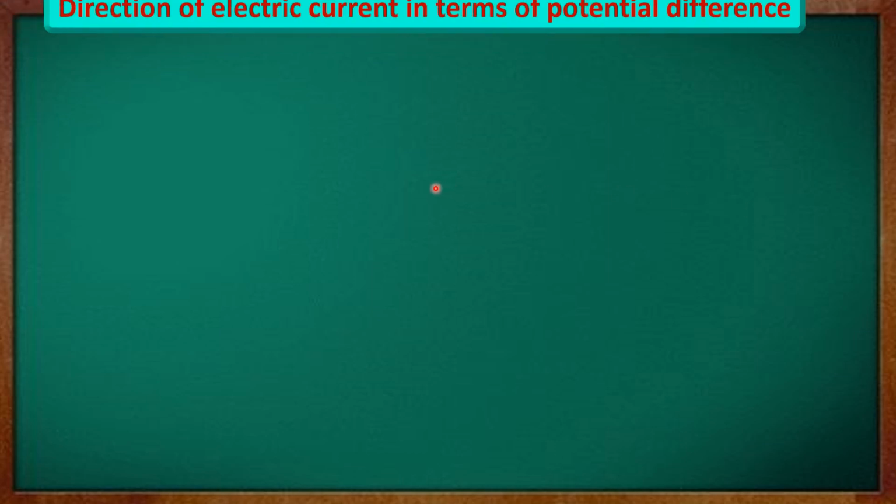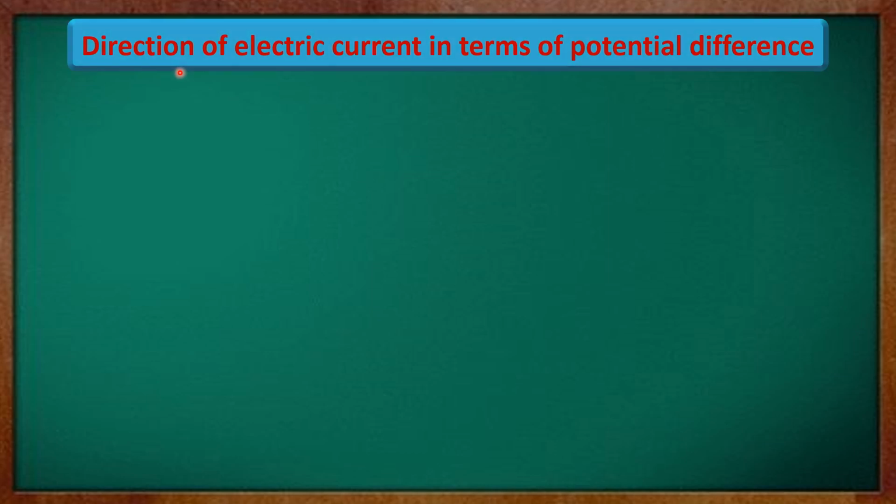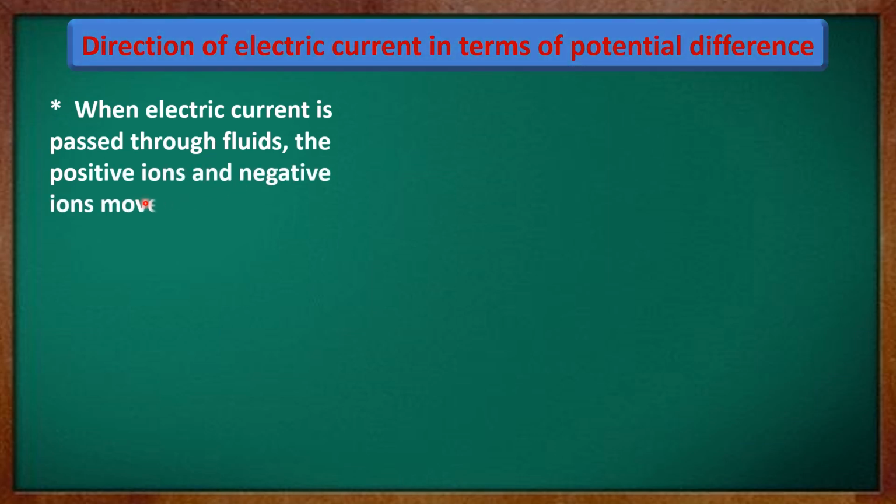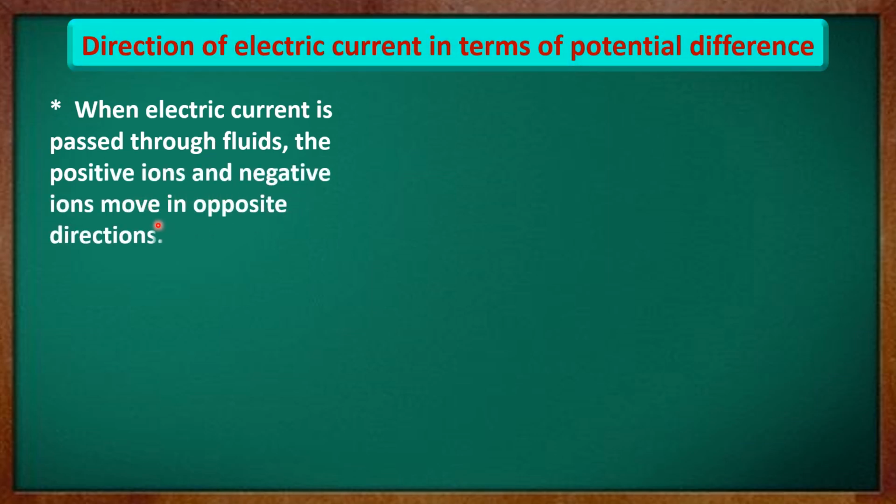Now let us discuss the direction of current in terms of potential difference. See here, when electric current is passed through fluids, the positive ions and negative ions move in opposite directions.